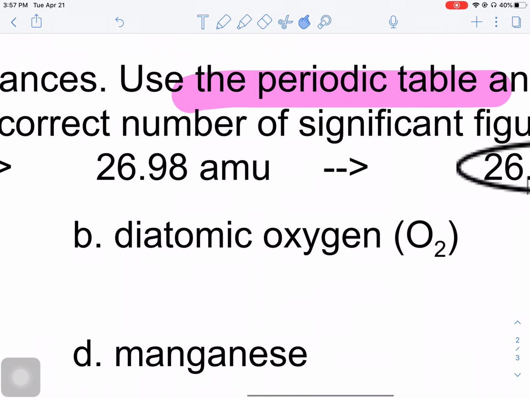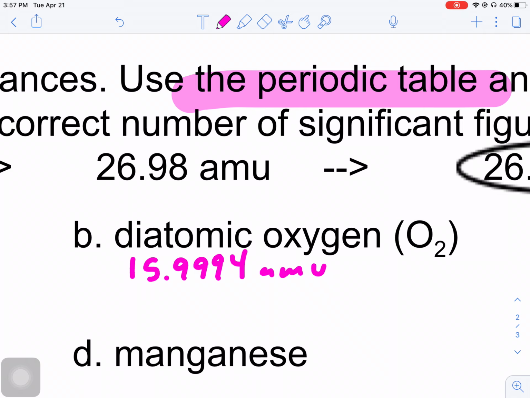Let's do another one. All right, let's look at diatomic oxygen. Now, if I find oxygen on the periodic table, it's 15.9994, and we would assume that's in AMUs. But we're not going to report our answers in AMUs. We're going to report them in grams per mole. And also, we want to round our answer to 2 decimal places. So if a 9 is followed by a 9, we round it up to a 10. And in doing so, 15.9994 is actually going to round up to 16.00.